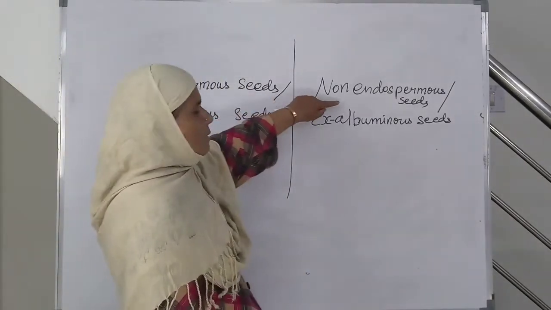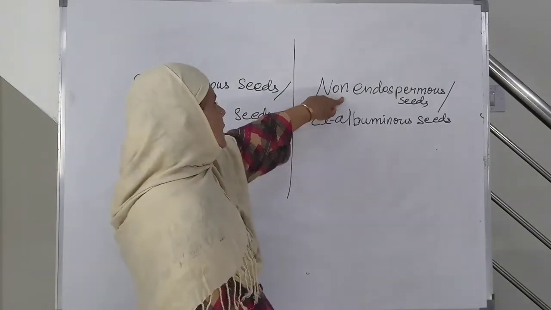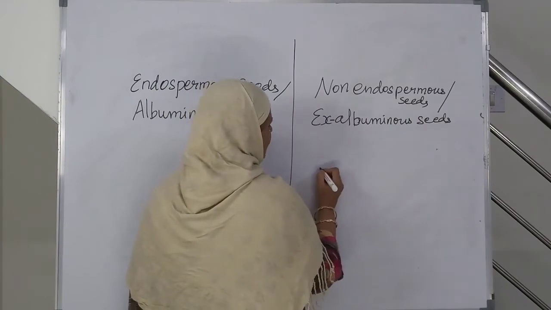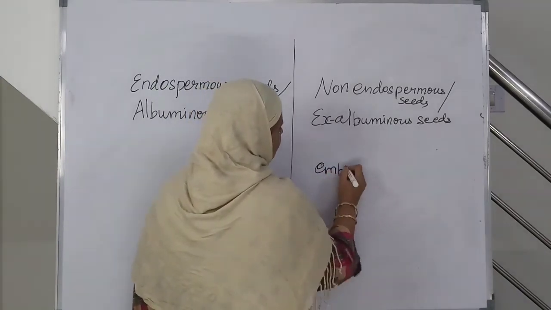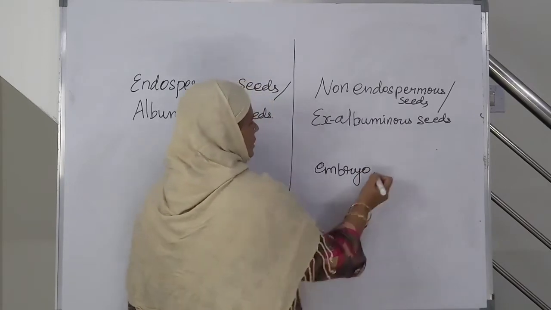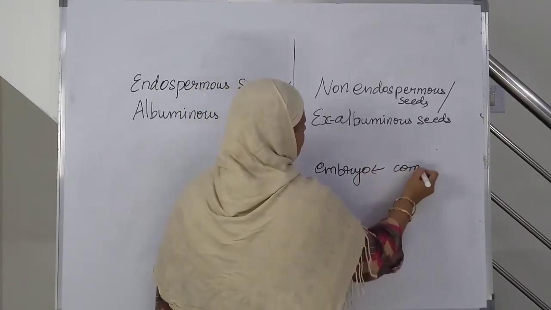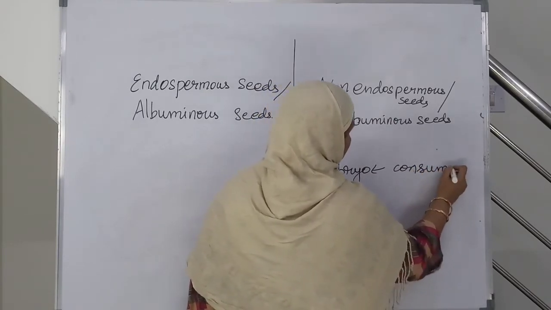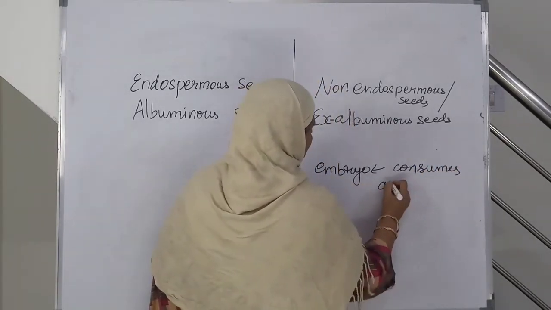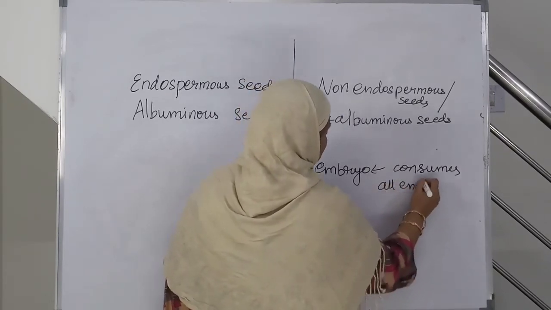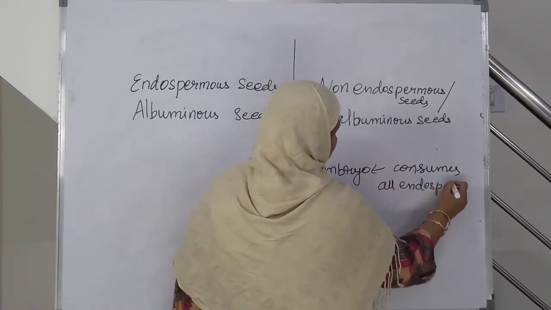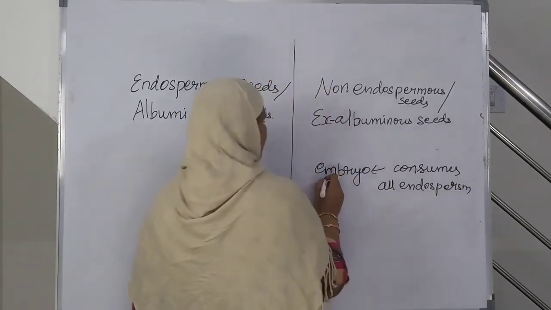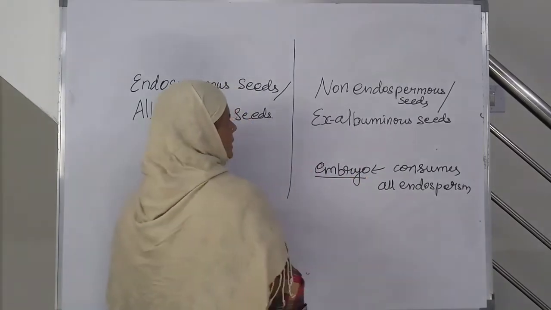In the non-endospermous seeds, all the endosperm will be consumed by the developing embryo. The entire endosperm is consumed by the embryo for its development.